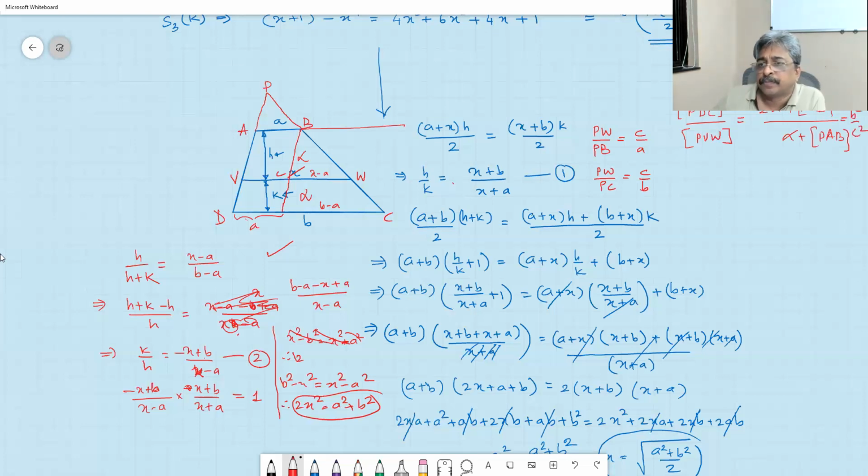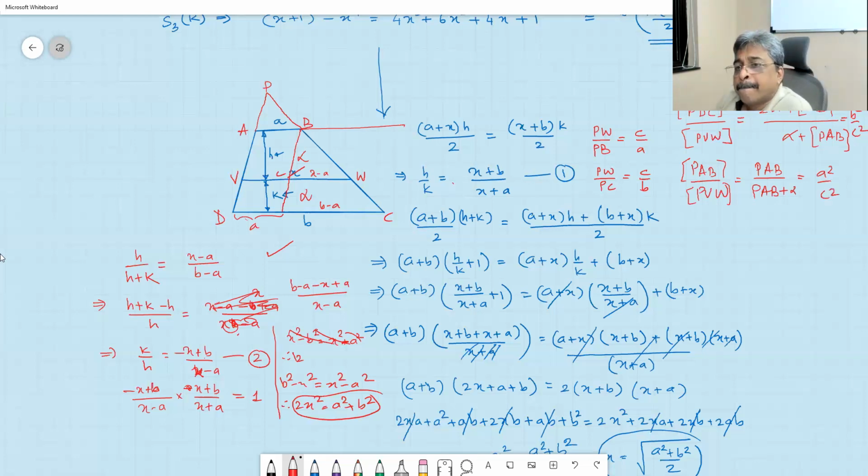Sir, similarly, area of PAB upon area of PVW is equal to area of PAB upon area of PAB plus alpha, which is equal to A square upon C square.